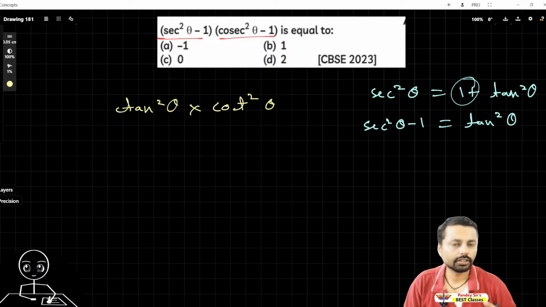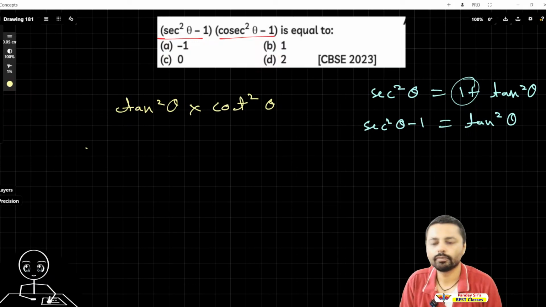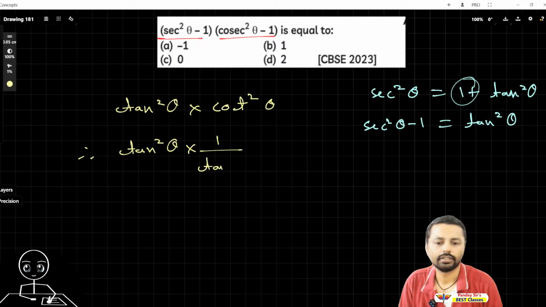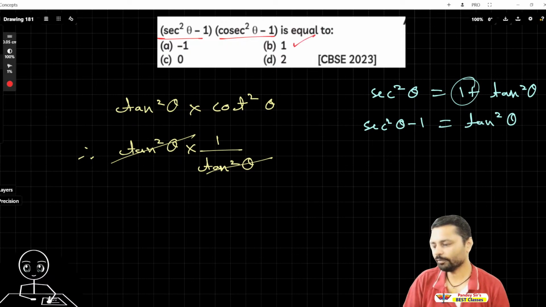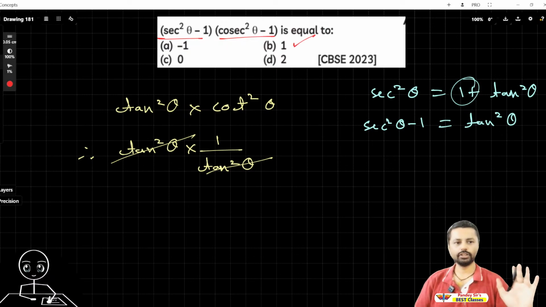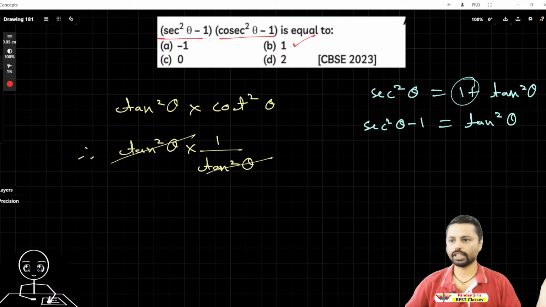You know tan equals 1 by cot, or cot equals 1 by tan. So tan squared theta into 1 by tan squared theta. Tan squared got cancelled. We got only 1, so the correct answer is 1. If you understood, that's good. If you still have doubt, you can ask me.